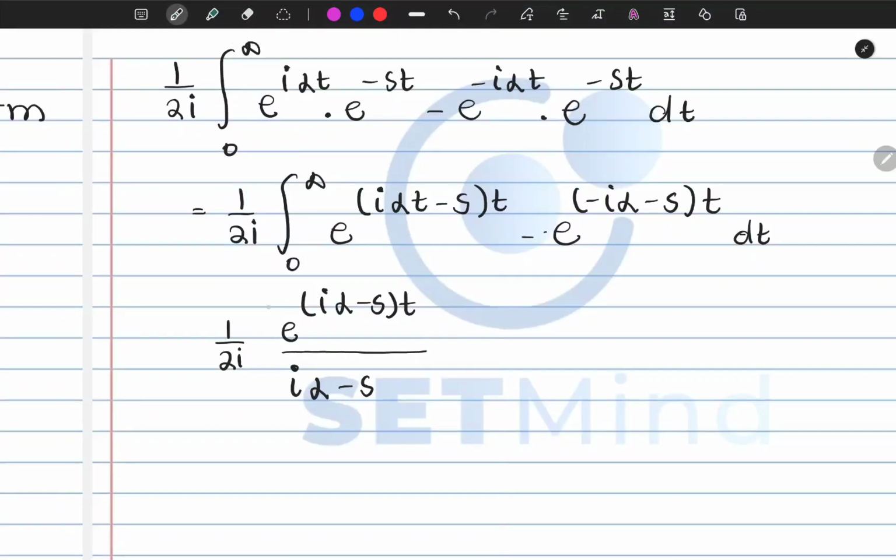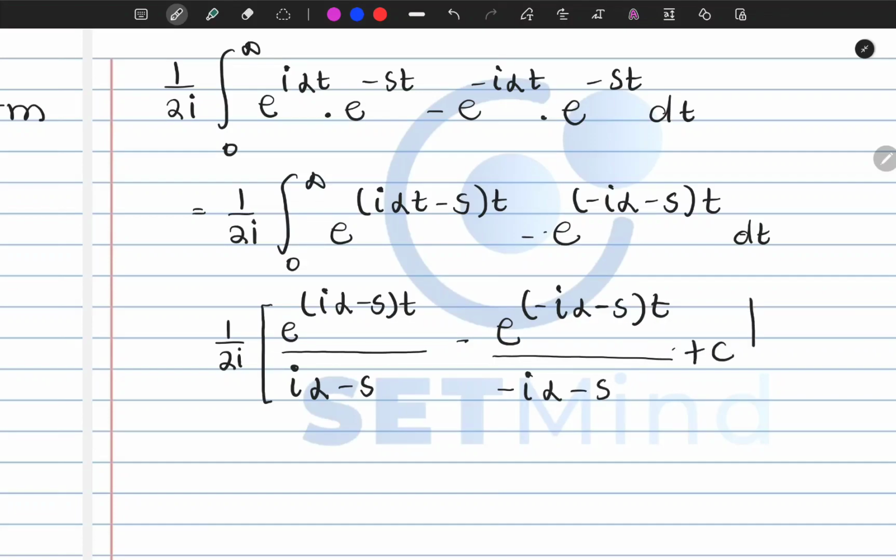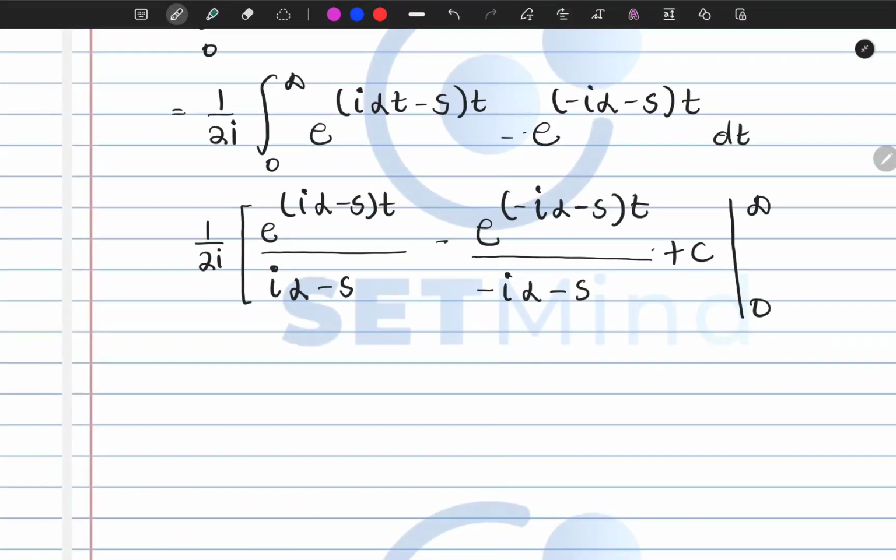Let's go to the second portion. It has a negative there, so we'll put in e to the power of (negative i alpha minus s) multiplied by t, divided by (negative i alpha minus s), and this will add the constant, then we put in the limits from 0 to infinity.